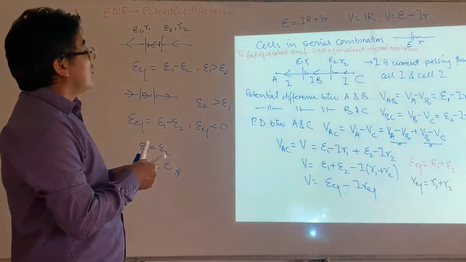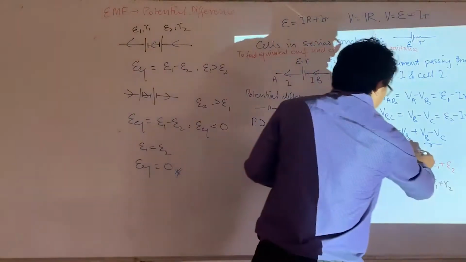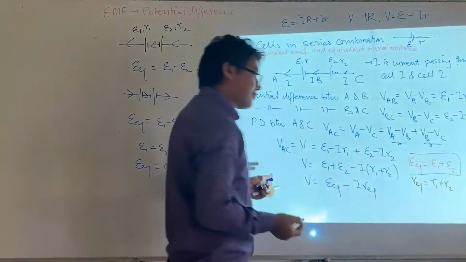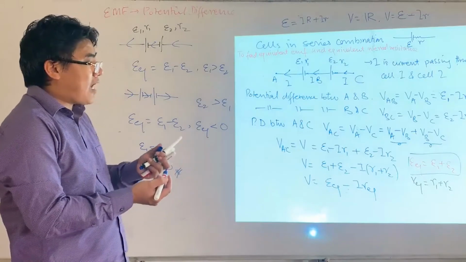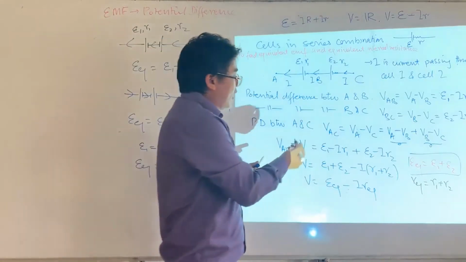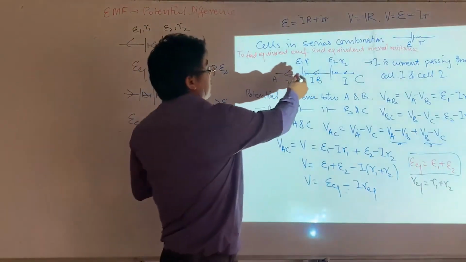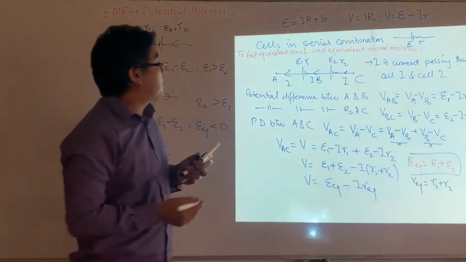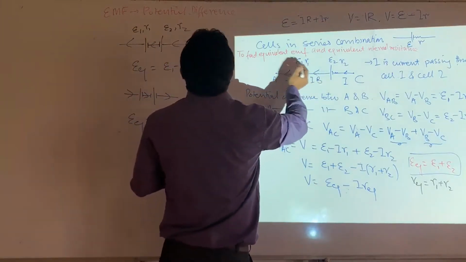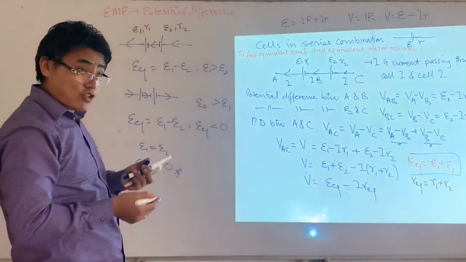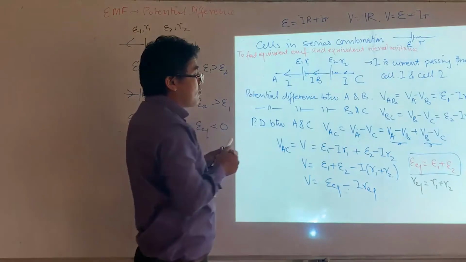So the conclusion here is that equivalent EMF of cells is the algebraic sum of the EMFs of the cells. Why have I said algebraic? If cells are connected with the same poles, like a negative terminal connected to a negative terminal, then this has to be a minus or subtraction. If it is otherwise, it is going to be positive, right?